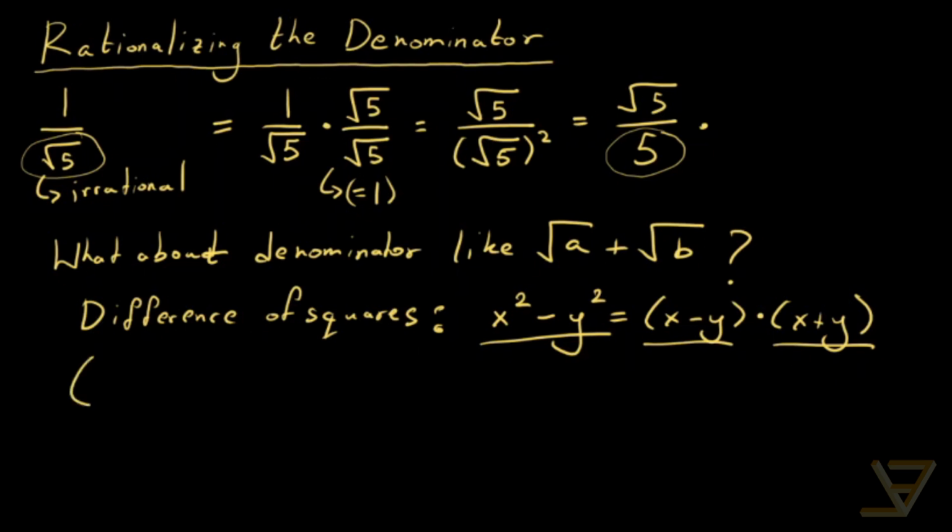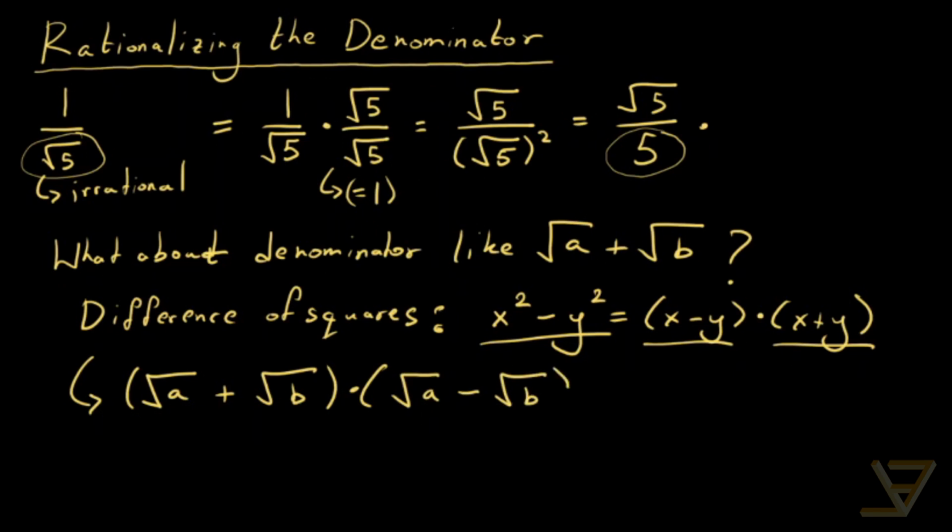There's a particular form of this that we're going to be using, which is that square root of a plus square root of b times square root of a minus square root of b is equal to a minus b, and that's for a and b in the non-negative reals.